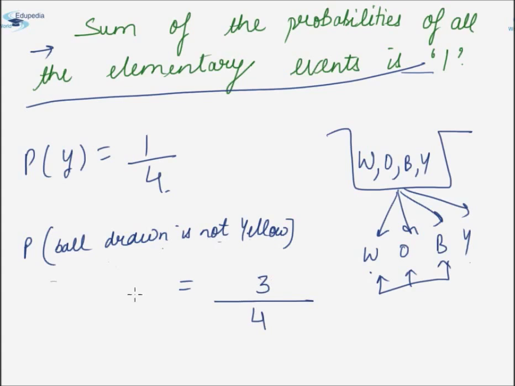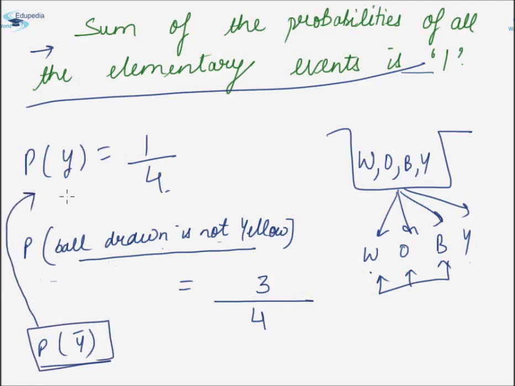Friends, this probability is also denoted in symbolic form by P not Y. This symbolic form will represent the complement of the probability that the ball drawn is yellow.